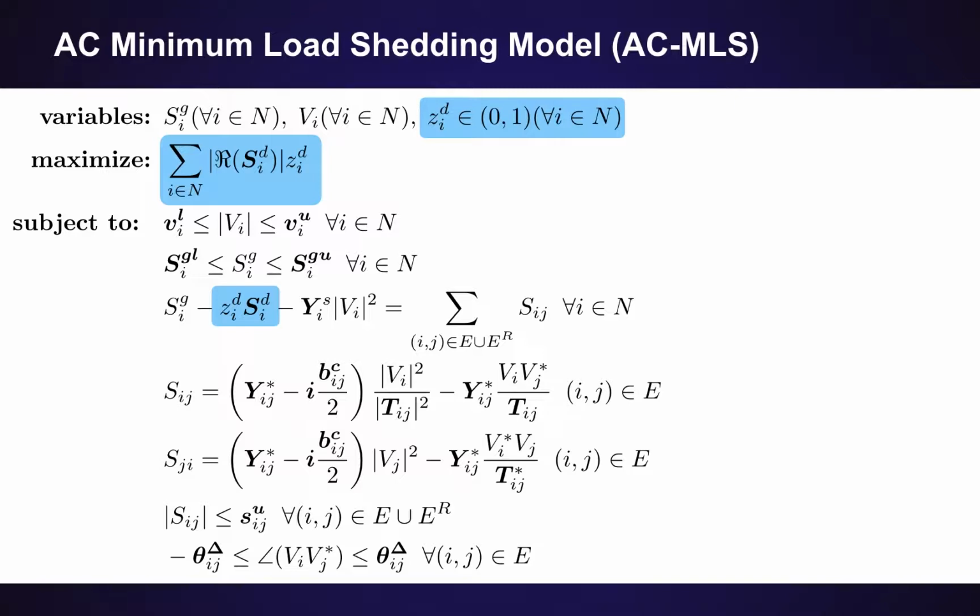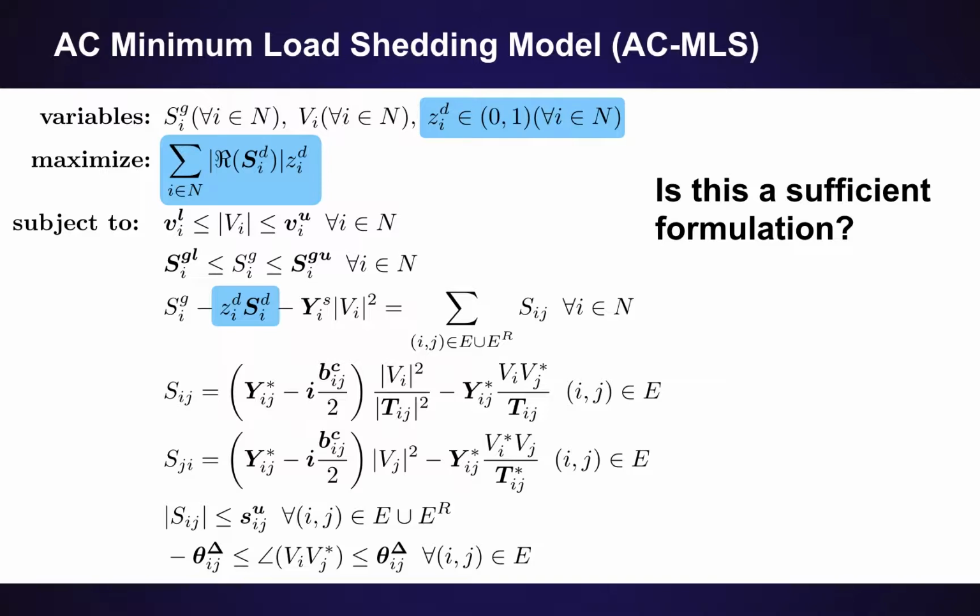And then the last little thing is that we want to maximize the amount of demand that we serve in the network, or you could also think about minimizing the amount of load that's shed. They're both equivalent. So the main question, this is fairly intuitive, is: is this a sufficient formulation to solve this AC minimal load shedding problem?